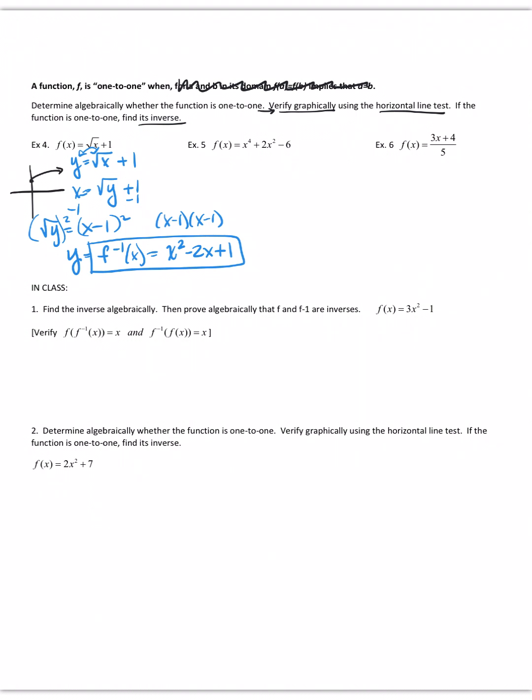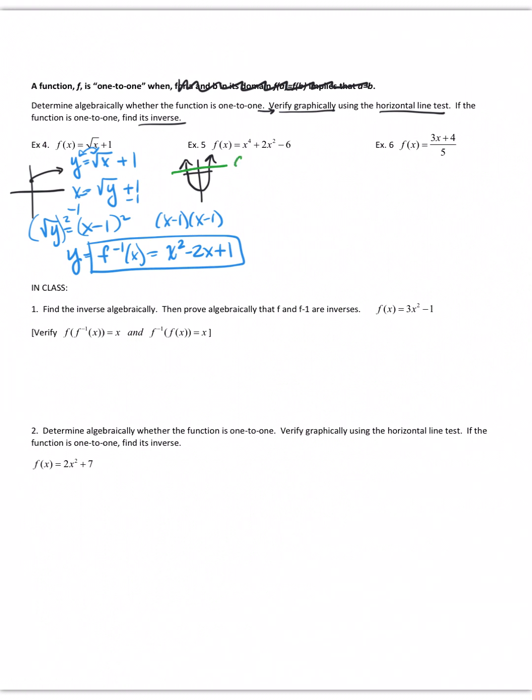Number 5, let's look at this. If we graph this, I'll just tell you, it's not going to pass my vertical line test. If I graph this, it is going to look like this. When I graph it, it actually looks like a parabola. Now I think about the horizontal line test. Does this one pass the horizontal line test?